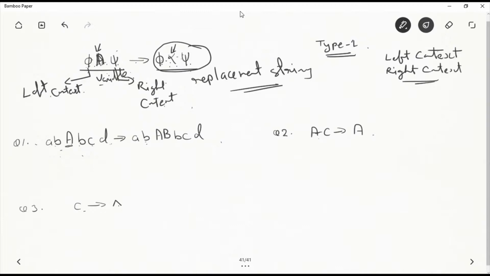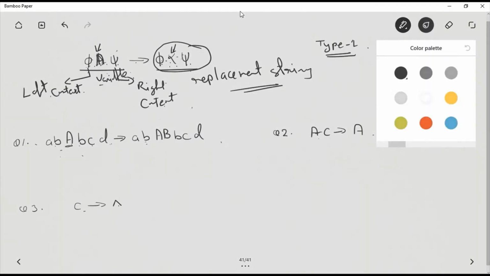लेफ्ट कंटेक्स्ट कुछ दिख रहे हैं? Yes. So AB is left.